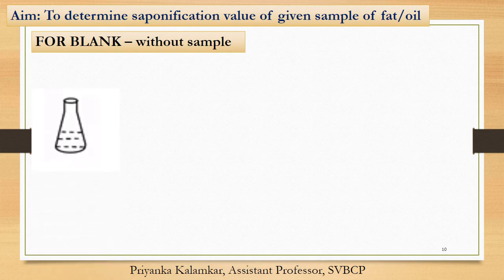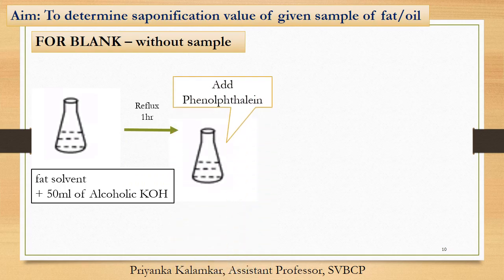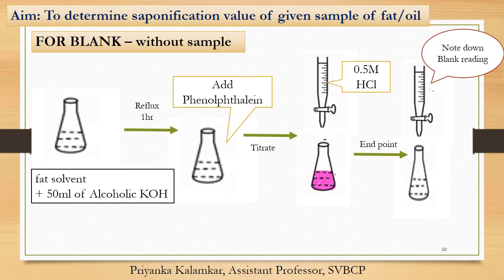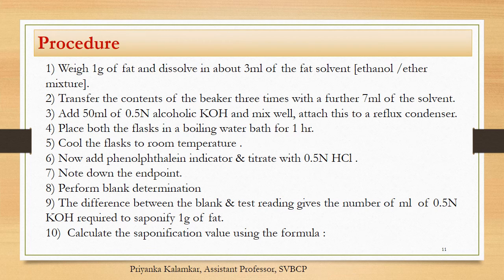The same procedure I will carry out, only I will not add the fat or oil sample. I will take the same amount of fat solvent which I took earlier, take 50 ml of alcoholic KOH, reflux it for 1 hour, then add phenolphthalein, it will turn pink, titrate it with HCl, and the endpoint will be pink to colorless. Note down this reading as the blank reading. The amount of KOH required by the fat sample is the blank reading minus the sample reading.